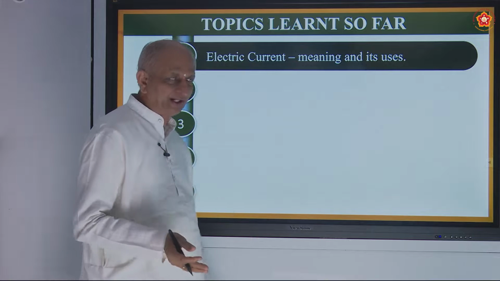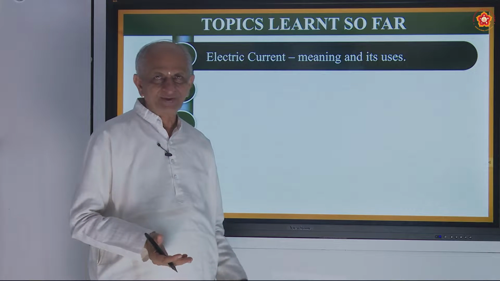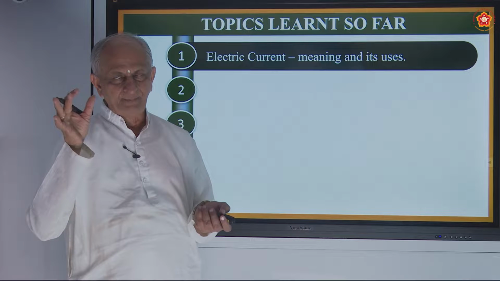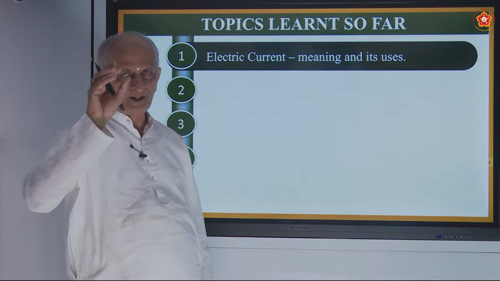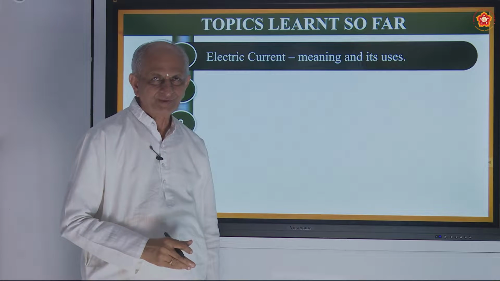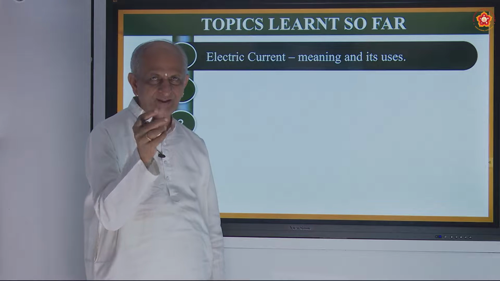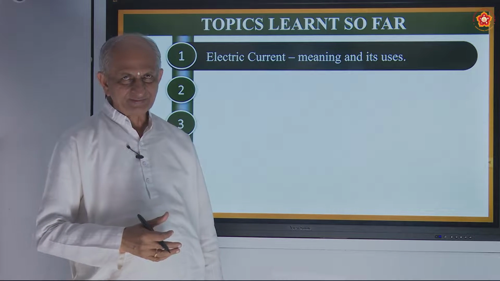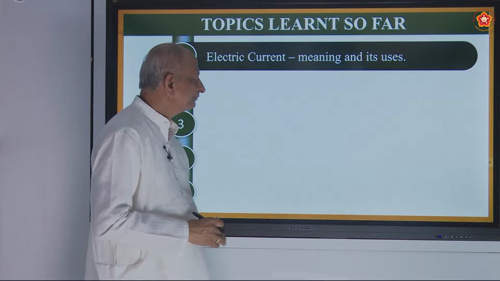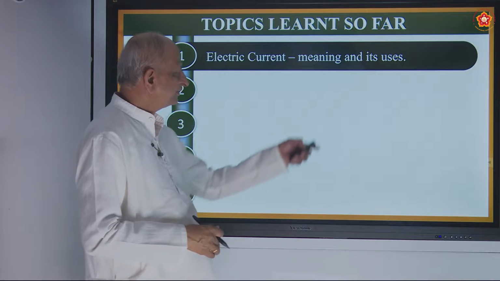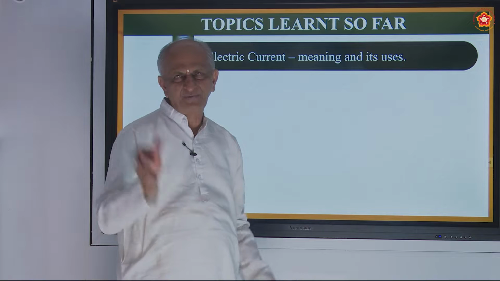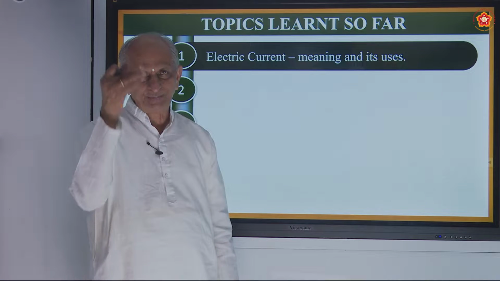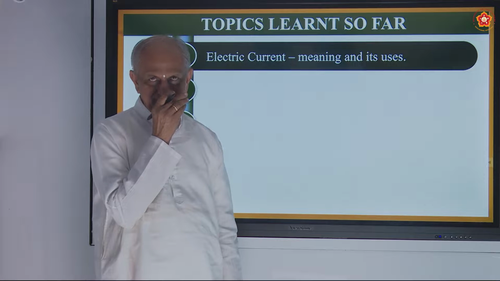And what happens when the current flows? If you keep a bulb in the circuit, the bulb will glow. If you keep any sound instrument, sound may come. Correct? So there will be changes, and hence it has got a number of uses. I told you to make a list of all these uses.